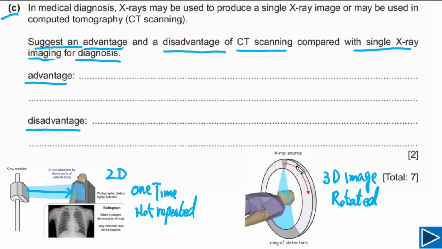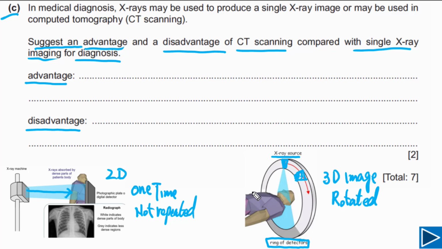But in case of CT scan, you can see, first of all, we have an X-ray source here, meaning in CT scan we also use X-rays. And they pass through the body of the patient. On the other side, we have detectors. They will detect, and a 2D image will be produced with the help of this. And then we rotate this X-ray source, and again we repeat the same process.